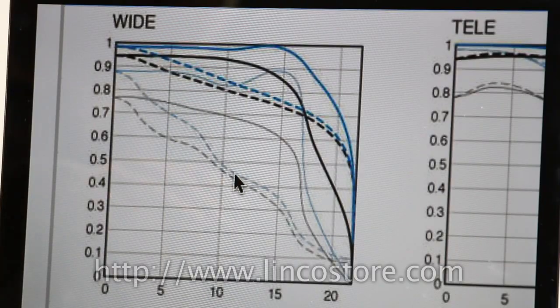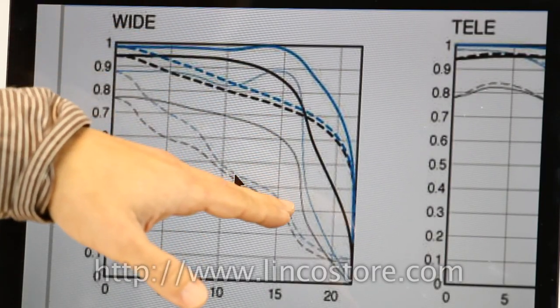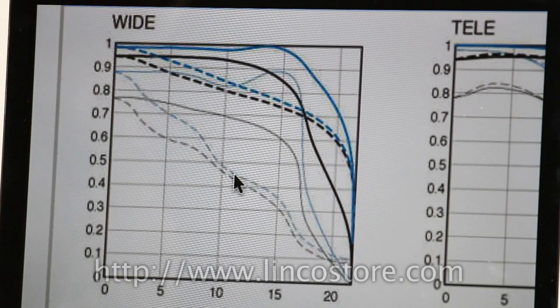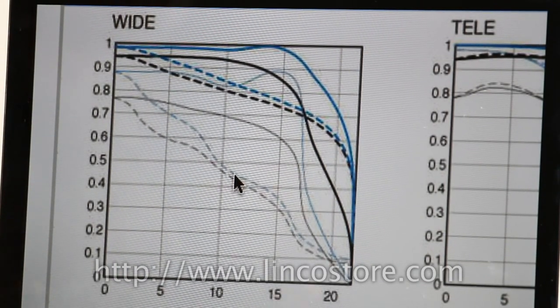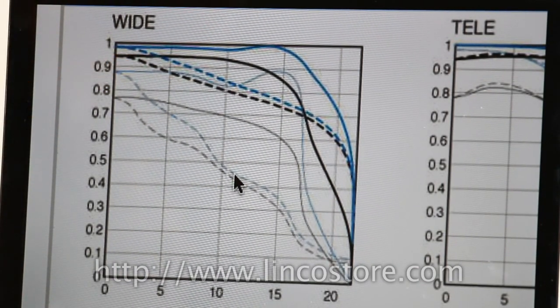We're talking about the lens's ability to differentiate light from dark areas, and ultimately its ability to perform in delivering you nice, rich micro contrast. So the thick black line represents this lens's ability to perform wide open.